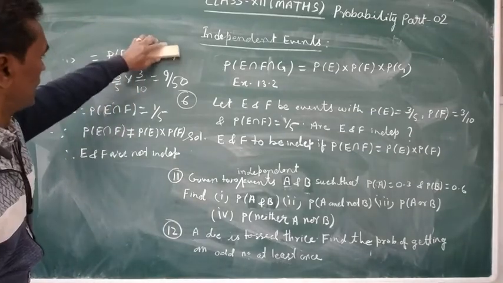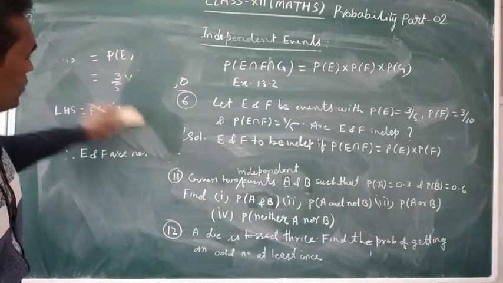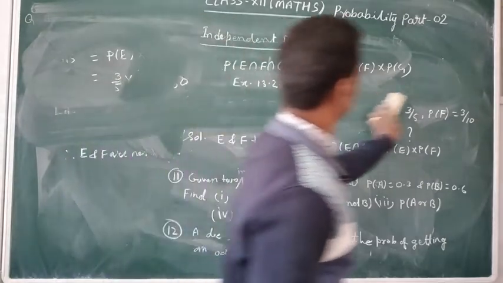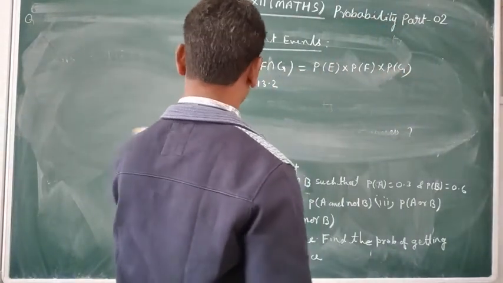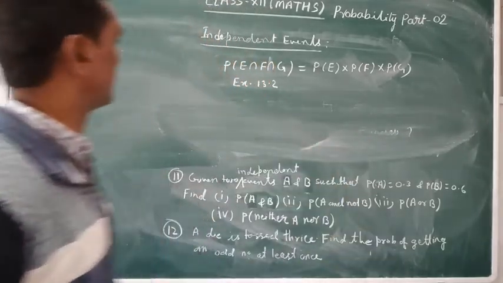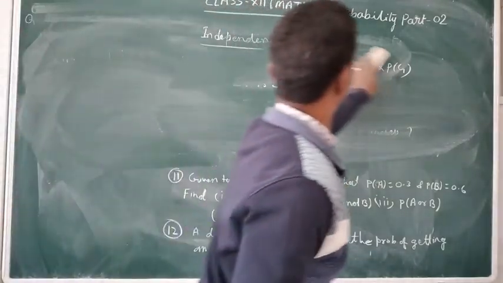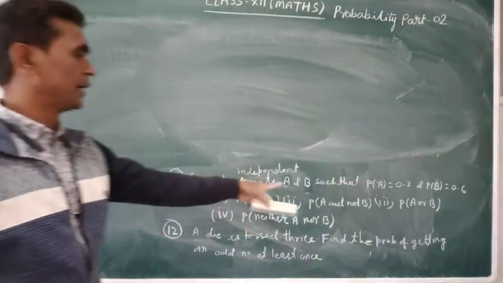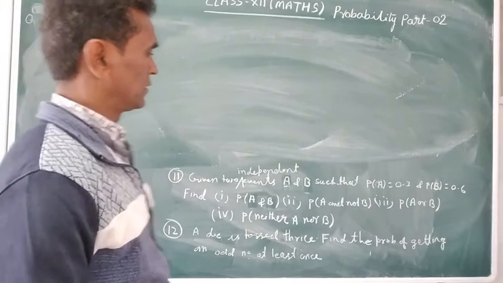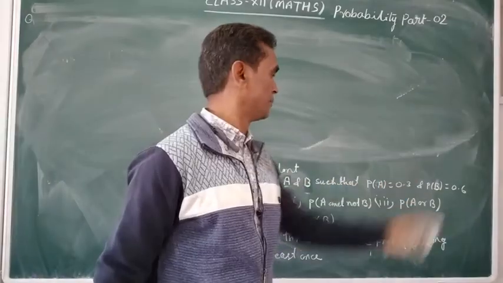Okay. Now, question number 11 from the same exercise 13.2: given two independent events A and B such that probability of A is this and B is this.